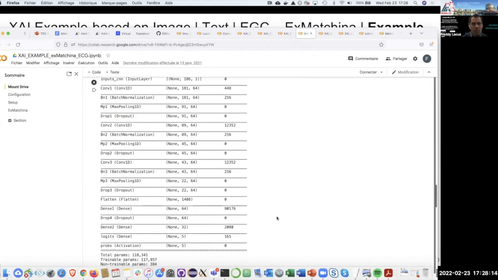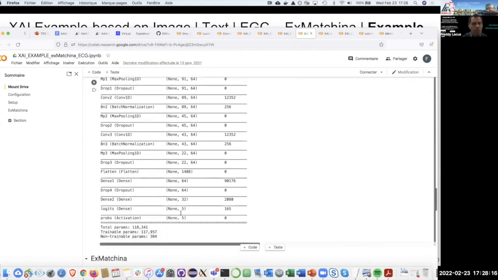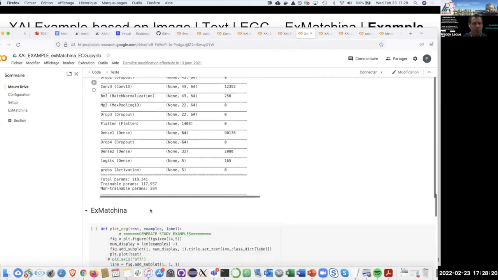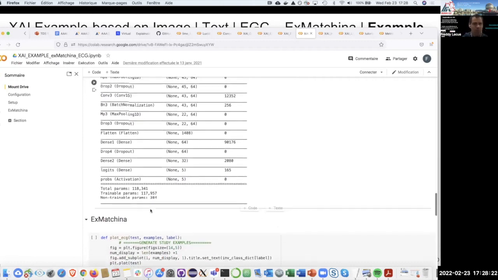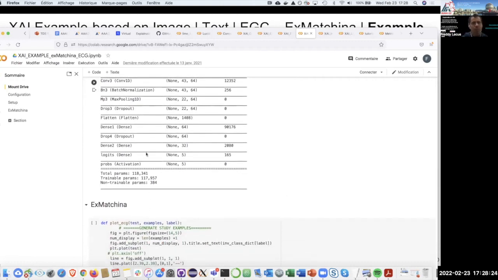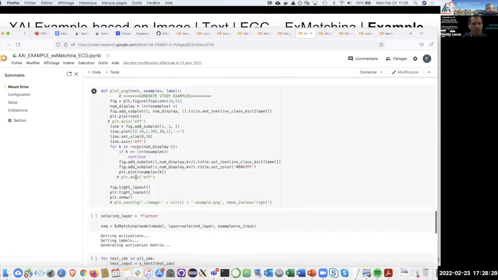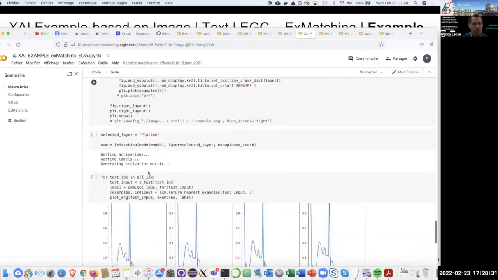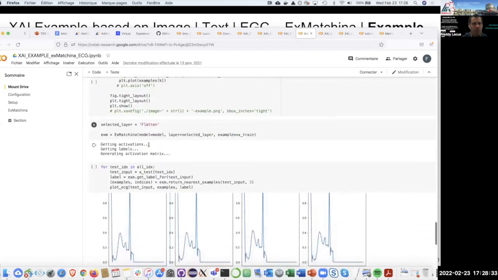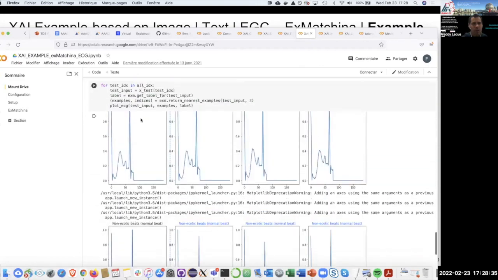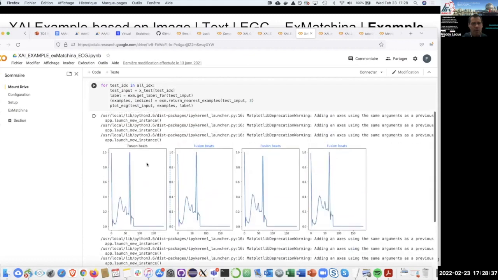It's slightly more complex than the text one, but similar in spirit to the one for the image, and then you use example based. You use the flattened one here, and the example is the heartbeat, and they give you examples of it.